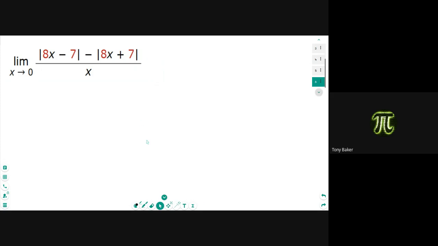Okay, so we're going to 0, right? So these are absolute value problems, correct? As I'm getting closer and closer to 0 from either direction, what is the value of the absolute value of 8x minus 7?